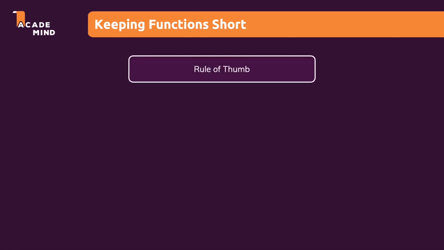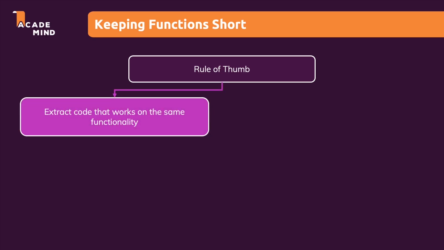But in addition, I also got a rule of thumb for you, or actually 2 rules of thumb, which help you decide whether to split your code or not. You wanna split a function, or at least consider breaking up a function into multiple functions, if you can extract code, multiple lines of code, that work on the same functionality.